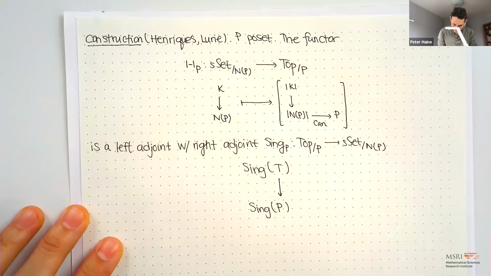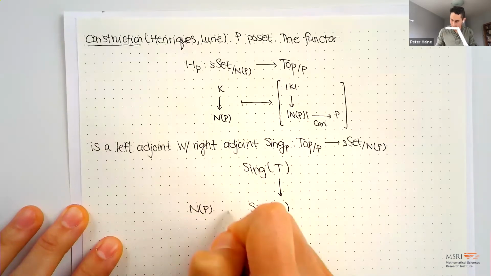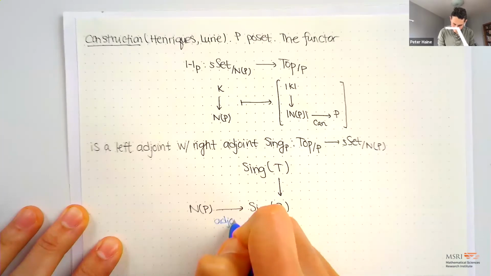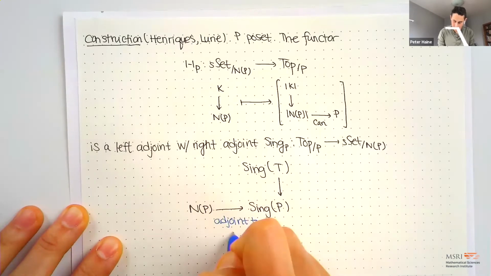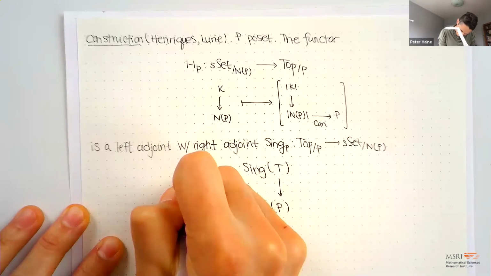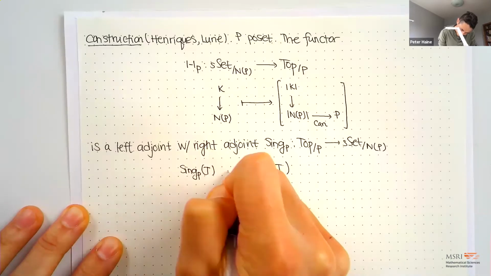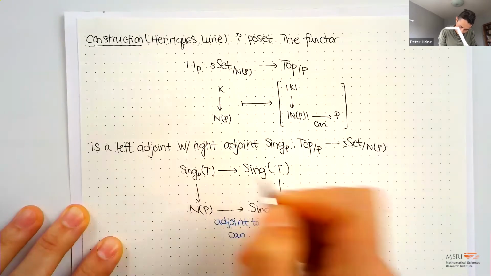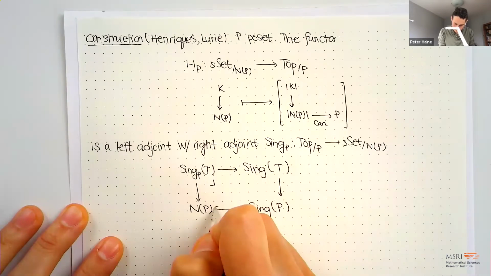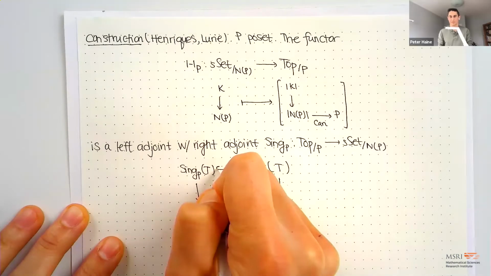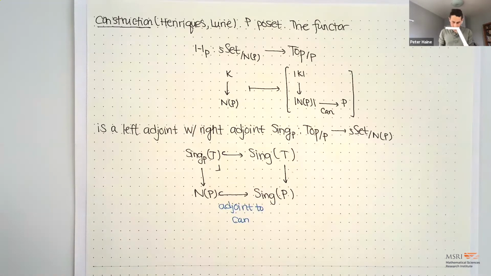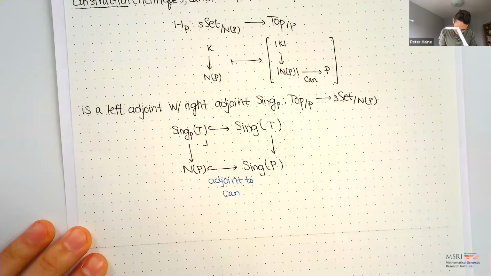Now there's a map from the nerve of P to here that is adjoint to this canonical stratification, and you can perform this one categorical pullback. Actually, this is a monomorphism, so it's some sub-simplicial set of this.